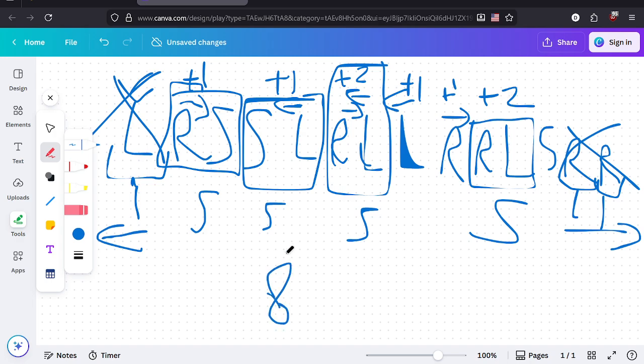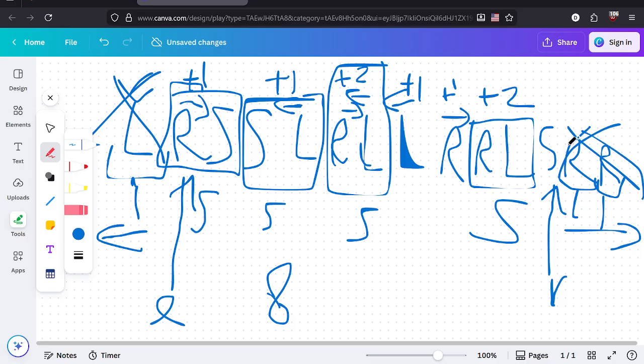But notice this. What we can do instead is start a pointer here, call it l, and a pointer here, call it r, because this is the window where stuff actually matters. You don't care about this, you don't care about this. Notice that this entire sum is literally just the number of R's and L's in the window, so you can just count them up.